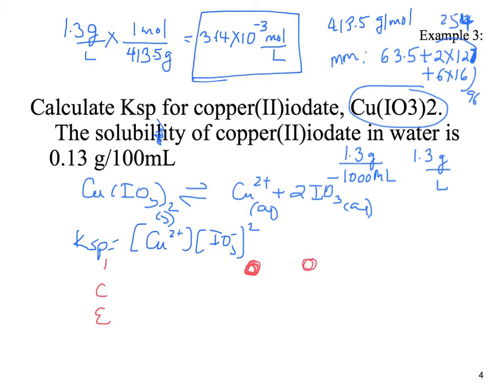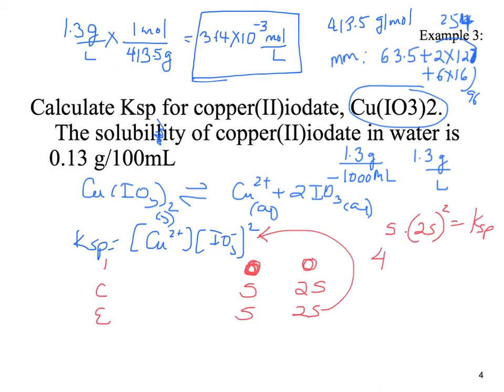If the change is by X, then that would mean that you have S moles of copper, and you have 2S moles of the iodate. And so at equilibrium, these are the numbers. So if we now plug those back into the KSP, it's going to look like S times 2S, square of that, and that's your KSP. That means 4S cubed will be KSP.